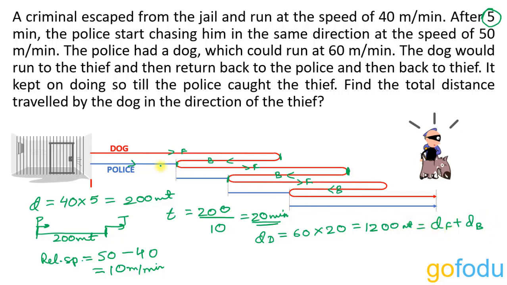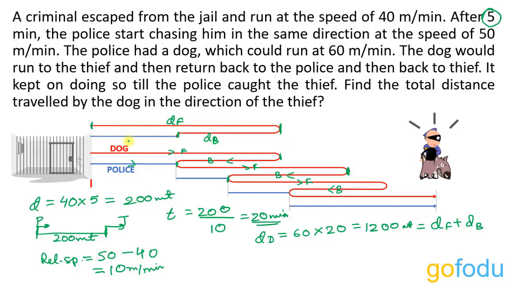Now if I just focus on this one round made by the dog, this one round of distance forward and backward. From here till here, this distance is distance forward, and from this point till this point is distance backward. The sum of all these forward distances would be distance forward, and the sum of all these backward distances would be distance backward.